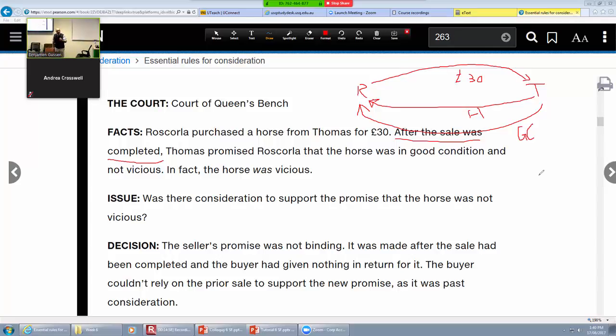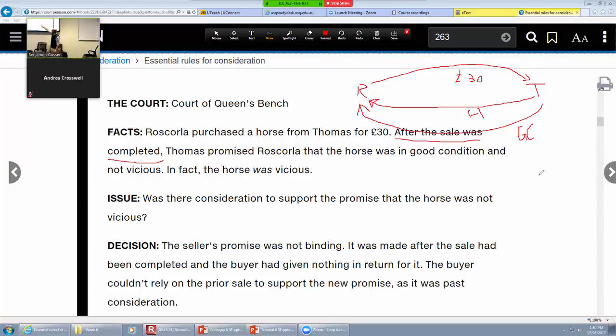What did R buy that promise with? What is his consideration? I will tell you that this pen is in a good condition. I've sold it already to you. So what did you pay for this promise? Why should I give you that promise? What's your consideration? That's what we're looking at here.